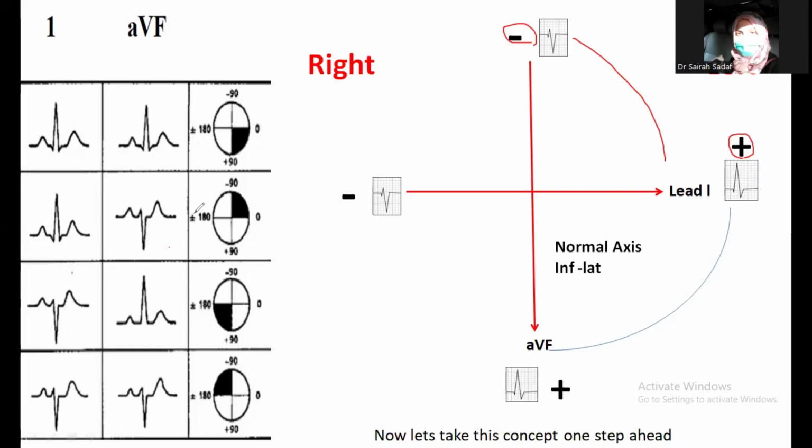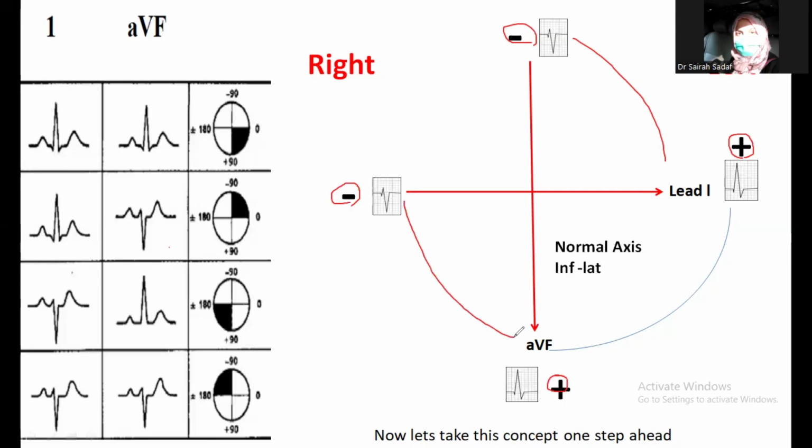All right. Now coming to the third picture. In lead 1, we have a negative deflection. Where is the negative deflection of lead 1? It's here, the opposite side. In AVF, we have a positive deflection. So it covers this quadrant of the heart.